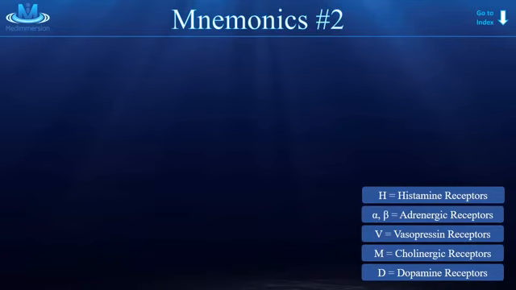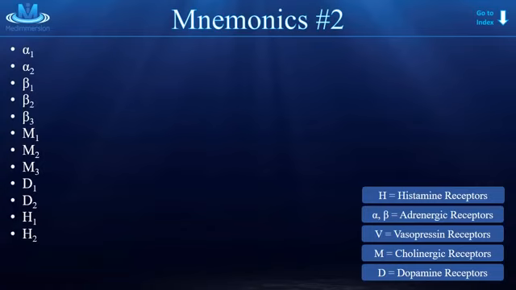Alright, so now into mnemonic number 2. And what you're going to need to do on your scrap paper or in your mind is write out all of the receptors that are high yield, which are these: the alphas, the betas, those two together being the adrenergics, the muscarinics, or the cholinergics, whatever you want to call them, dopamine receptors, histamine receptors, and vasopressin receptors. So using the first mnemonic that I taught you, you could fill in each one of the Gq proteins that are associated with each of these receptors.